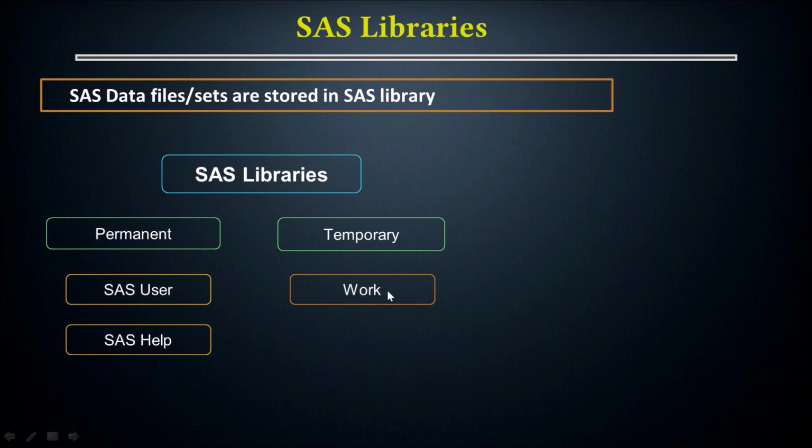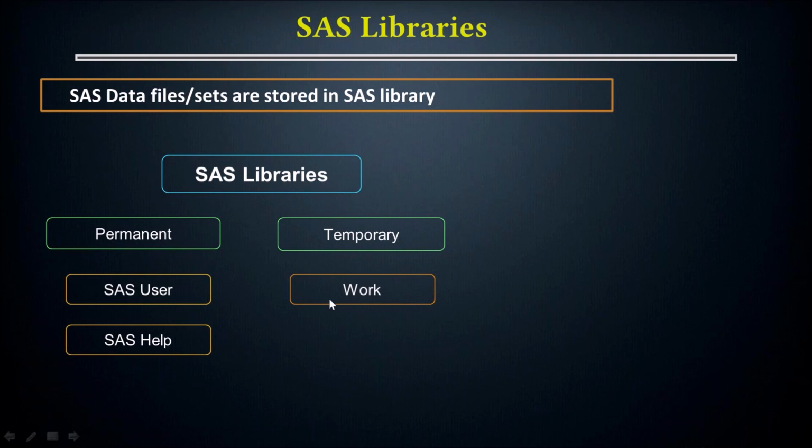So when you install SAS, you will get these 3 libraries by default: SAS Help, SAS User and Work. Why am I calling these permanent and this temporary? What is the difference between them? Whatever data you save in the permanent libraries will be stored forever. Unless you delete it yourself, the data won't get deleted.